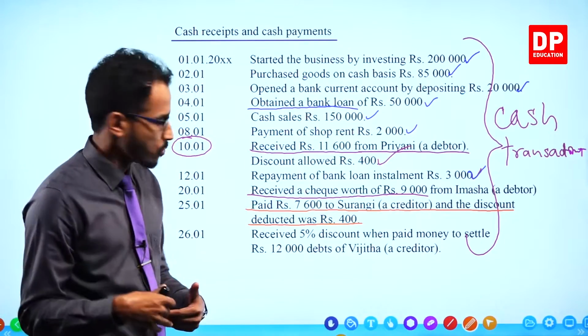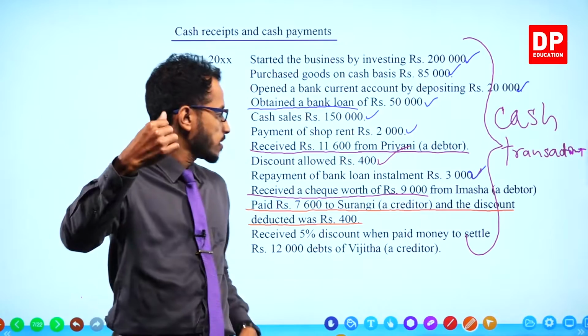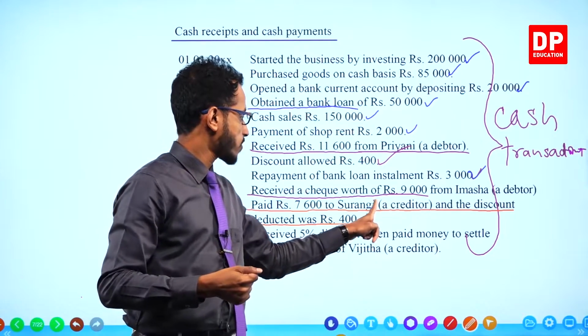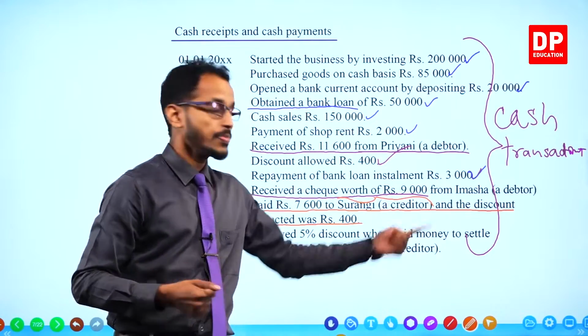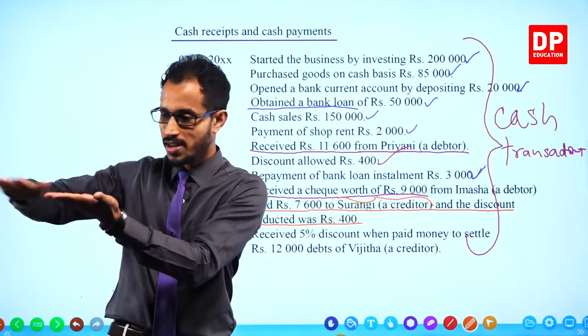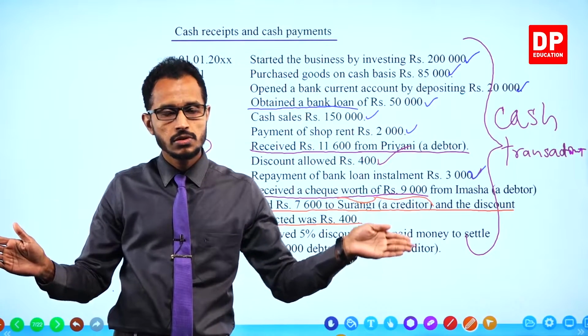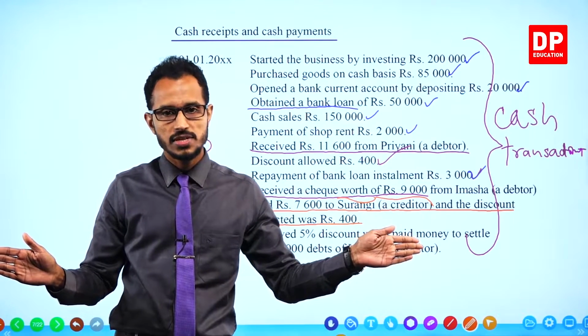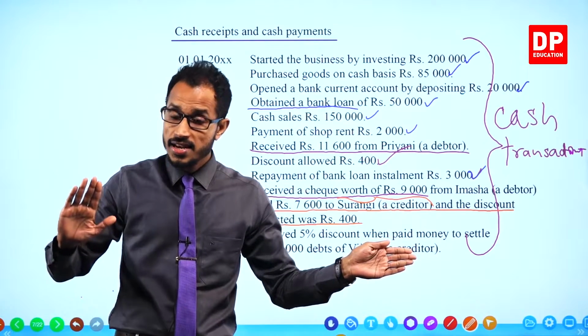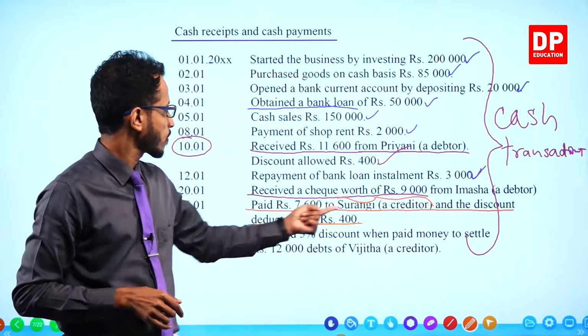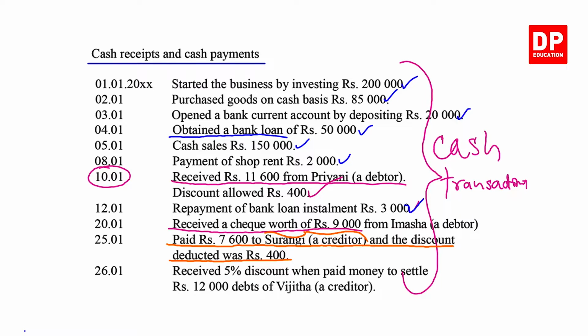We have received a discount. We are paying this creditor, Surangi. We are paying money. So money goes out. Cash credited. Cash book will be credited because money is going out, and debited to Surangi. But there is a discount of 400.